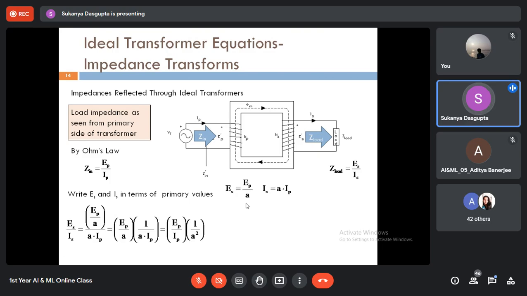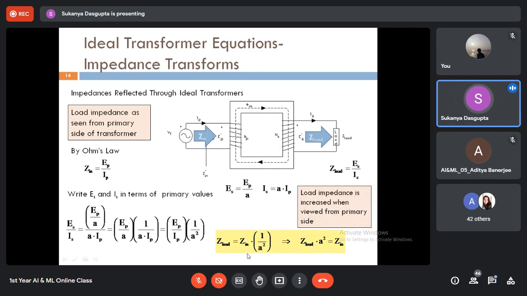So simplifying that and considering IS equals A times IP from the current ratio, we'll get ES by IS, the Z load as seen from the primary side, is 1 by A square, 1 by the square of the turns ratio, times EP by IP. That is Z in. That means it is just 1 by square of turns ratio into Z in. Or we can say that Z in is equal to A square Z load.